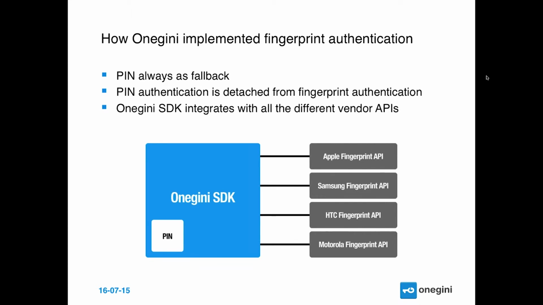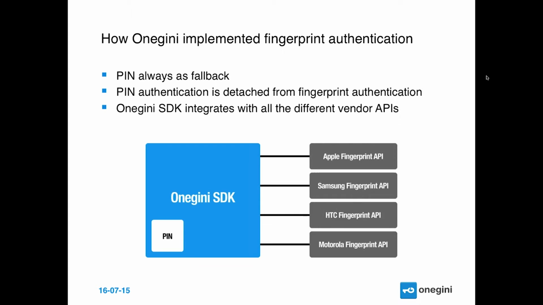So there are a lot of vendors who have their own API and also their own possibilities. What the Onegini SDK does is abstract away all these different APIs that a mobile app developer would otherwise need to implement, and the Onegini SDK takes care of all that. So the mobile app developer just has to talk with the Onegini SDK, and the fingerprint authentication can be done. That's a really important part of this.